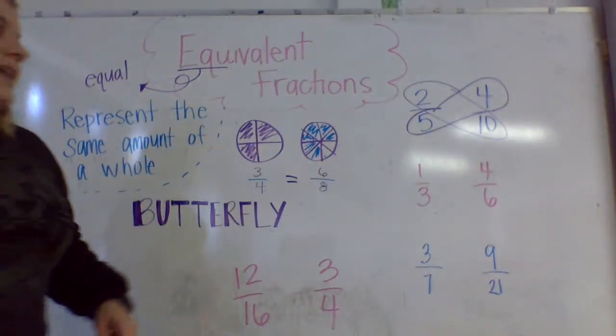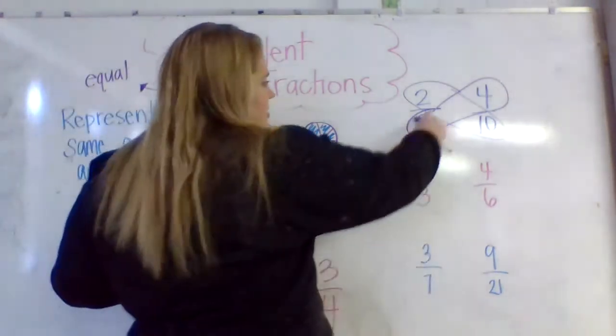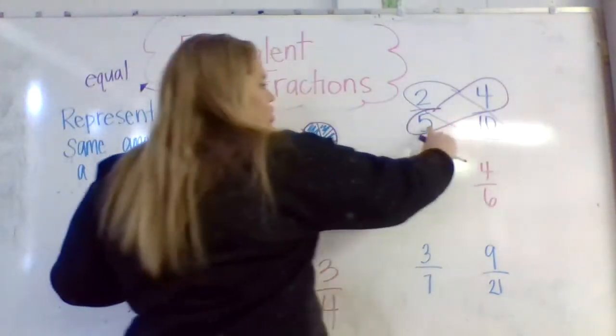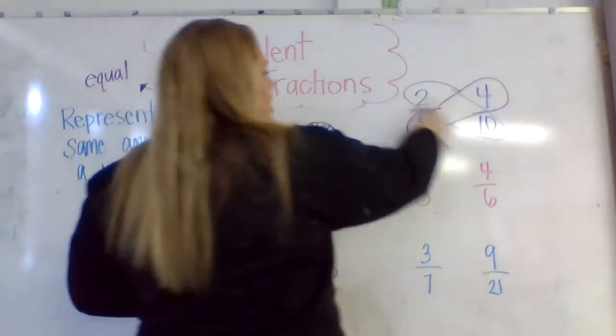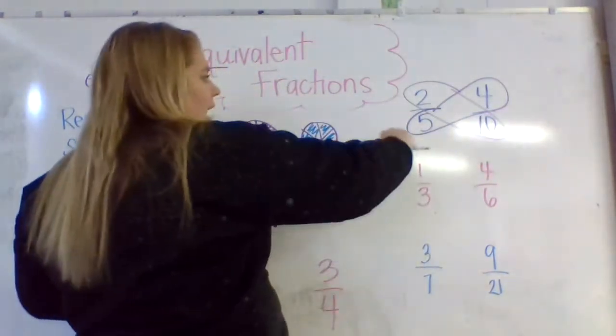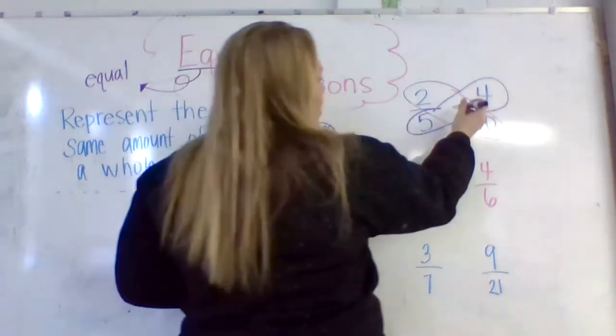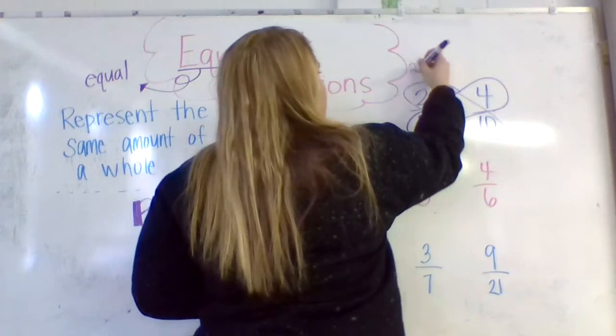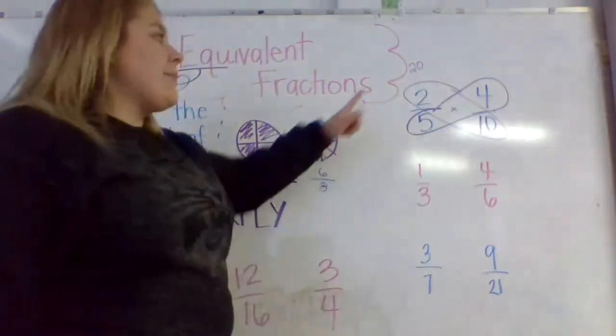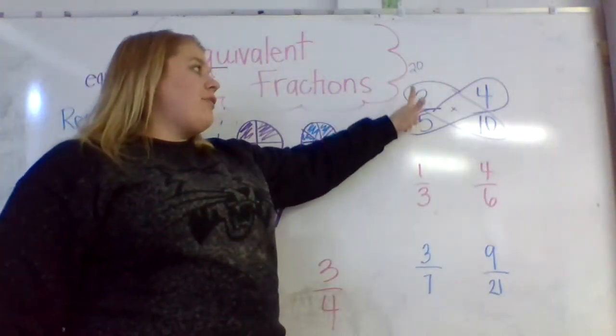Now I need to multiply. You multiply where I've drawn from the numerator of one fraction to the denominator of another, and then vice versa. So we have 2, and you can even put your little multiply there if you want, 2 times 10. I know 2 times 10 is 20. So I'm going to put that 20 above my numerator.